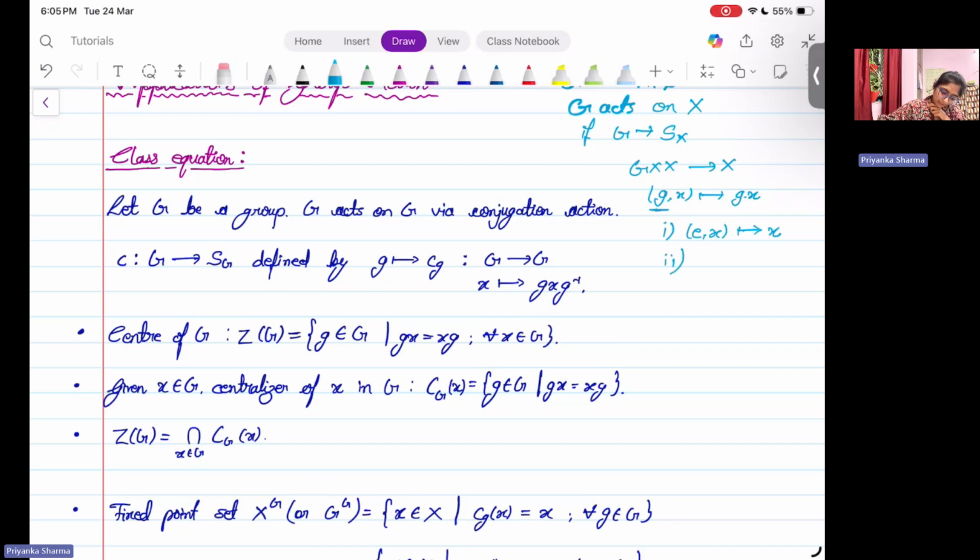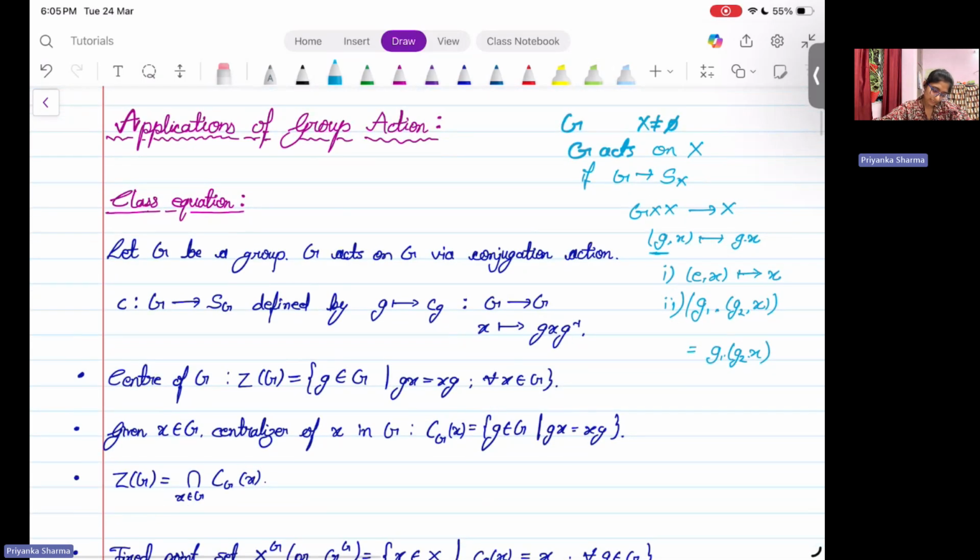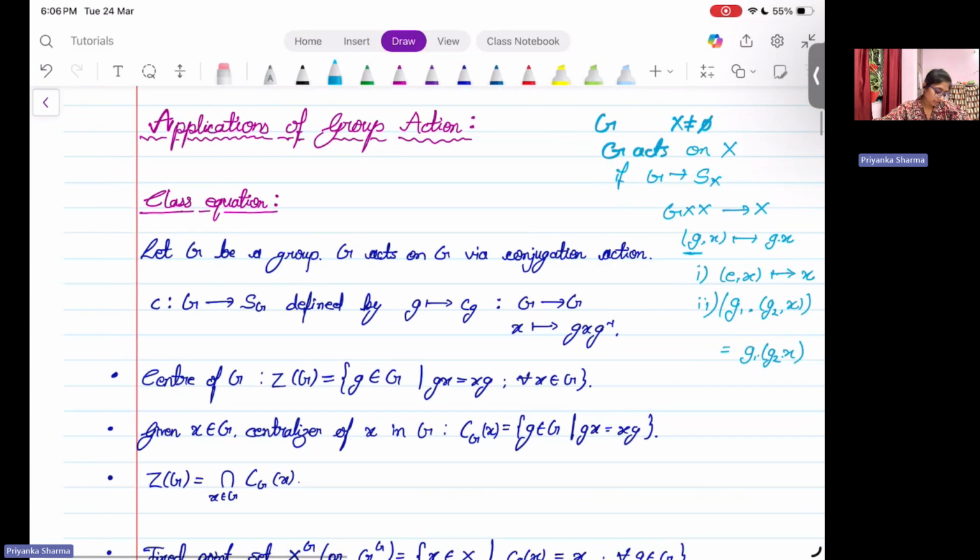And second, suppose we have two elements g1 and g2 in G; then g1 dot (g2 dot x) will be the same as (g1 g2) dot x, for all g1 and g2 belonging to G and for all x belonging to X. If this is satisfied, then we say that G acts on the set X.